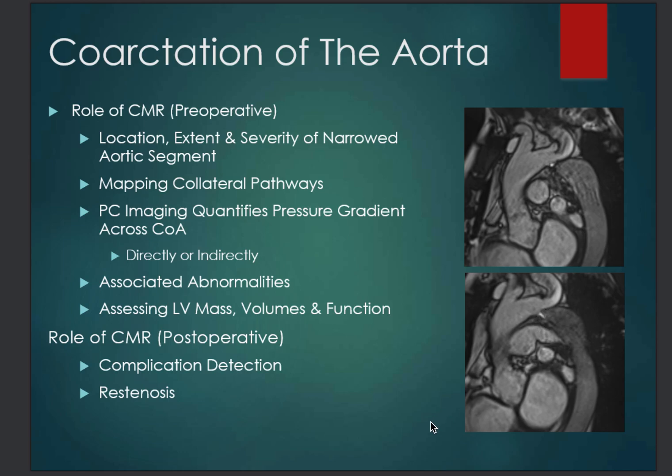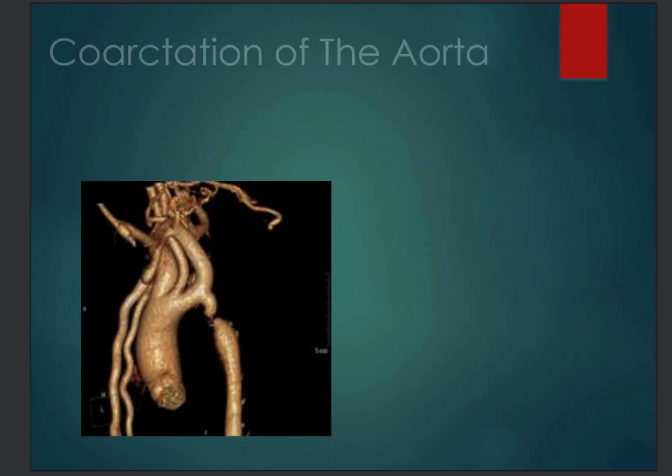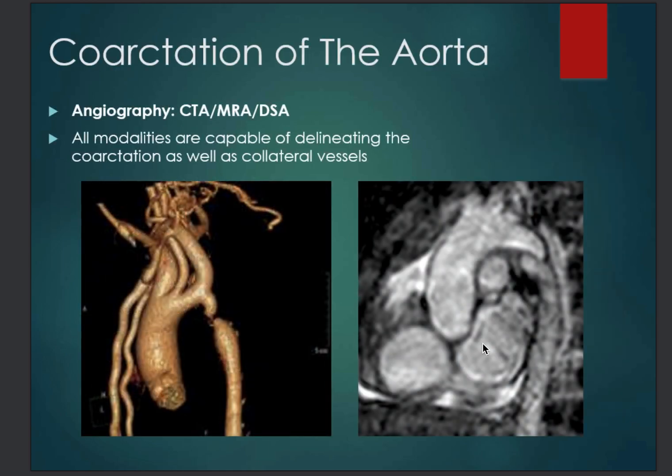But there are other parameters that we need to comment on during reporting rather than giving only the diameter of the coarctation. So the distance from the coarctation or the narrowest point to the subclavian is very important, because this will decide whether an interventional percutaneous stent could fit here without jailing the origin of the left subclavian.